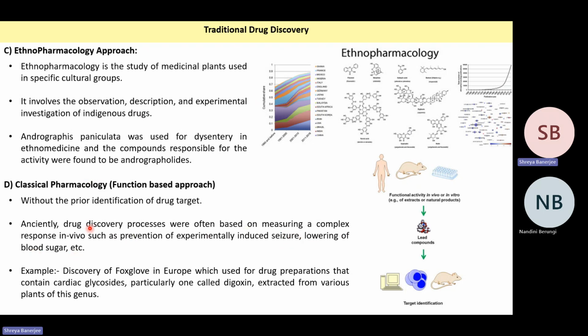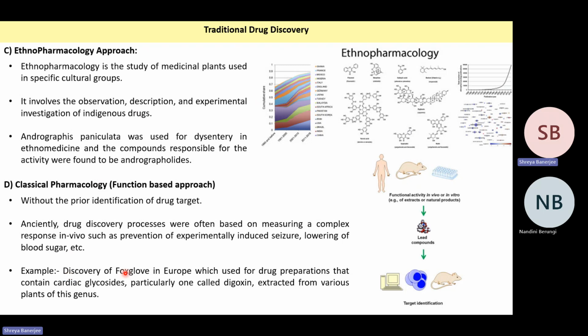This process started by looking at the function of the compound and then identifying the structure of the compound. That is why it was called the function-based approach. In this approach, they did not start by saying that we want to target this DNA or this protein. Instead, they started based on function. They saw that a particular plant is responsible for a certain function, and then they found out which compound in that plant is the one which has the function.